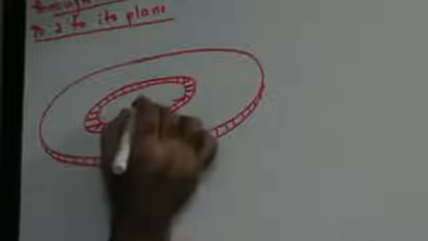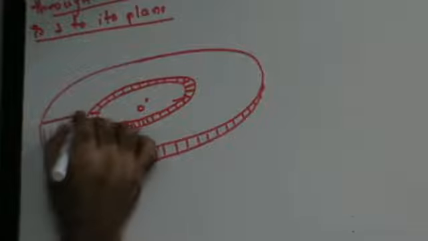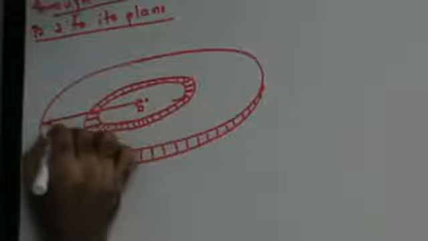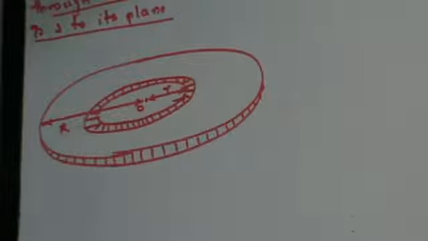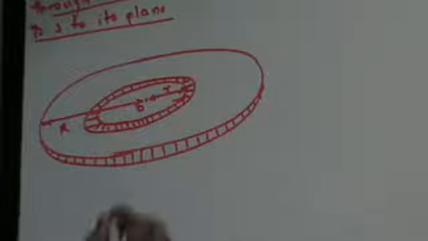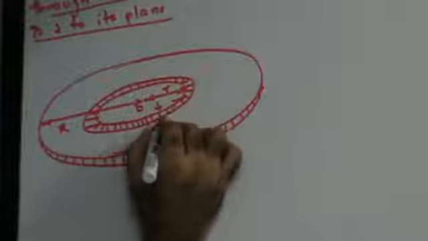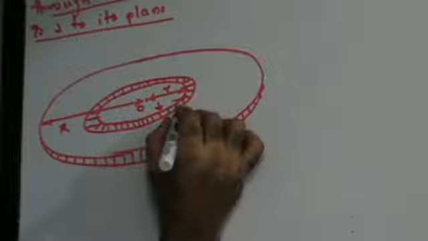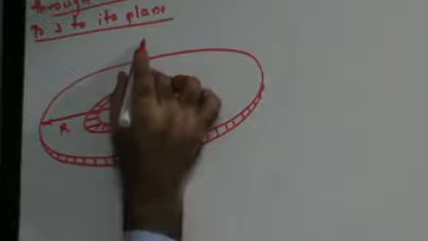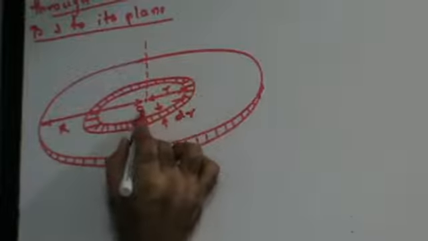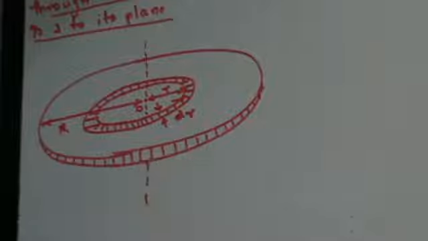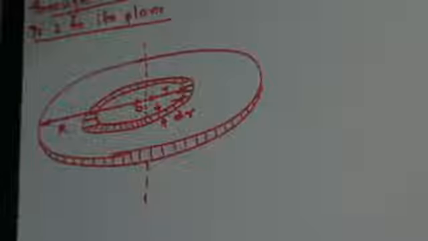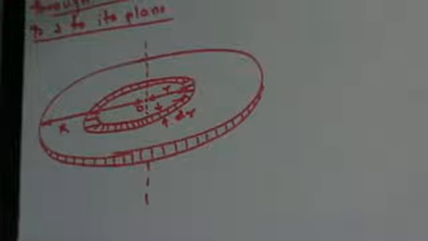Let's consider O as the center of the disc. Let capital R be the radius of the disc. Let r be the distance at which the given element is from the center. Let the length of the element be equal to dr. Let the axis of rotation pass through the center and perpendicular to the disc.